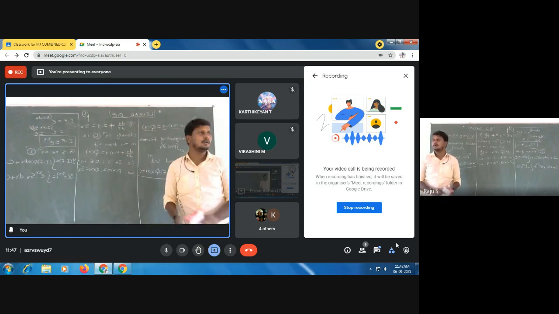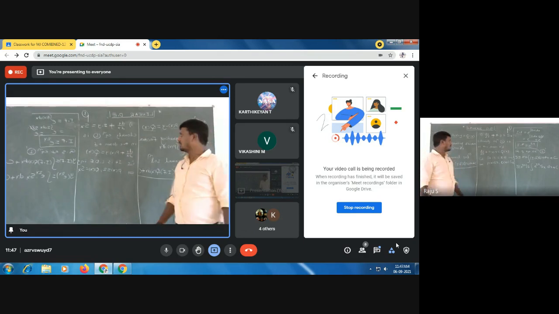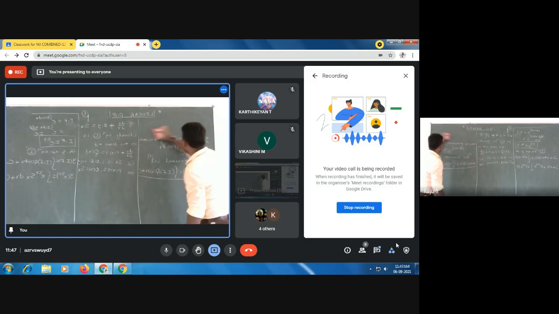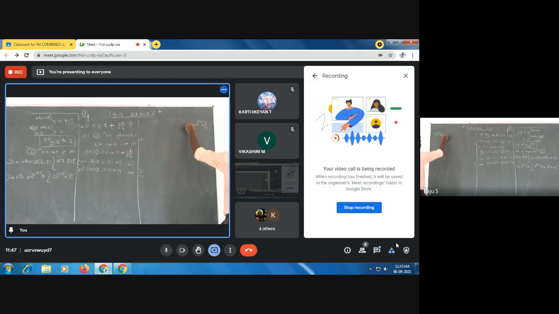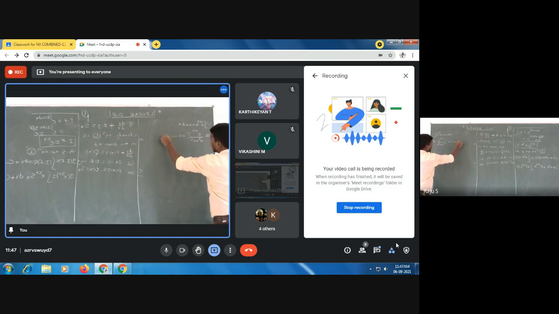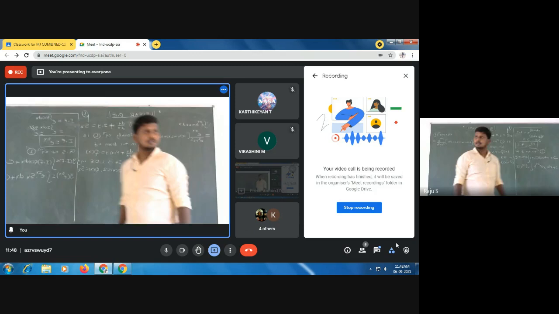We can use the UV rule, using the highlight rule. Otherwise, it's better to use the formula. Since we know that the integral of e to the power of ax sin bx dx is equal to e to the power of ax by a square plus b square, into a sin bx minus b cos bx, this formula you can use.